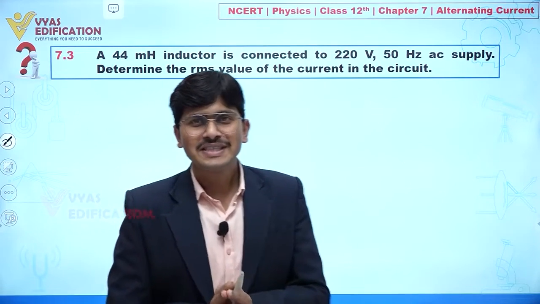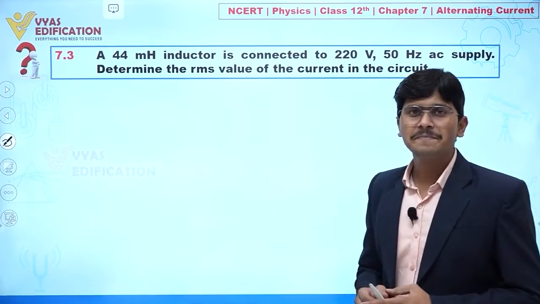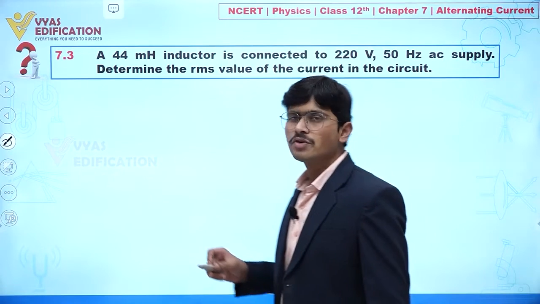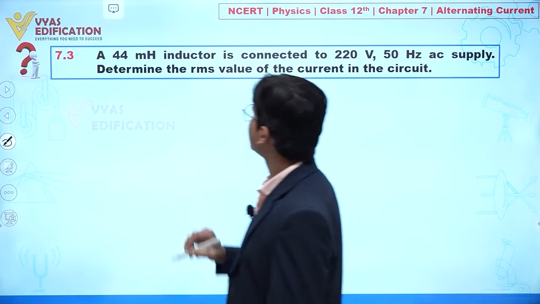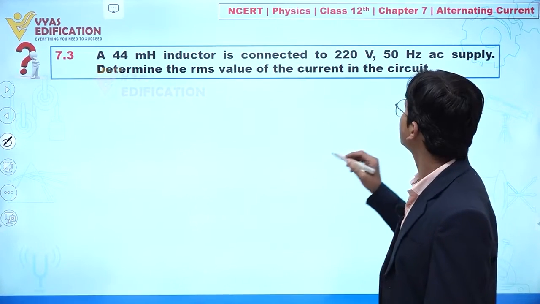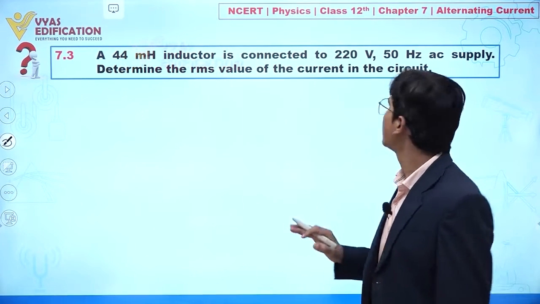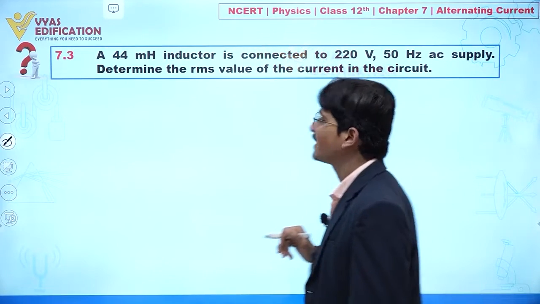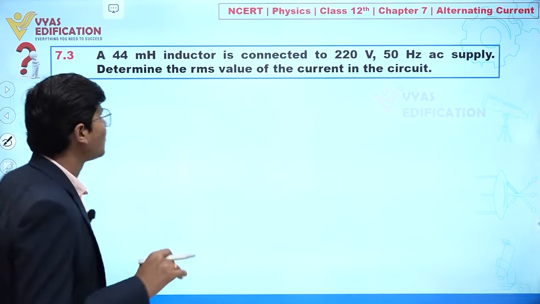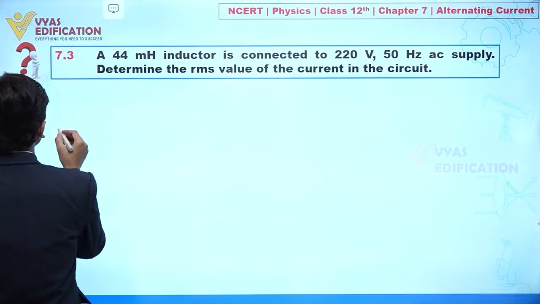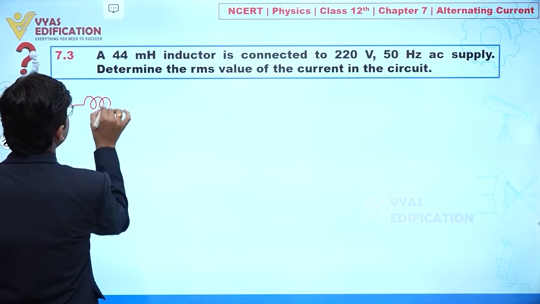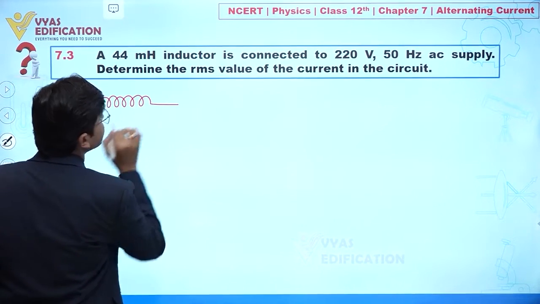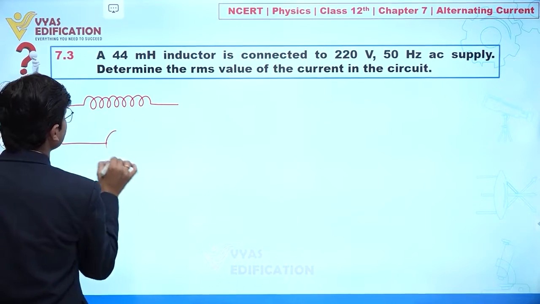Now we are going to discuss question number 7.3, and in this question it is given to you a 44 millihenry inductor is connected to a 220 volt 50 hertz AC supply. Determine the RMS value of current in the circuit, clear. So now consider, let's suppose this is an inductor, clear, and this inductor is connected to an AC supply.